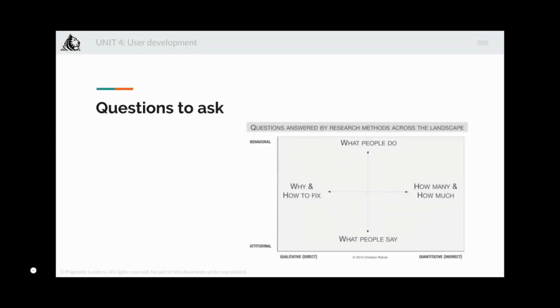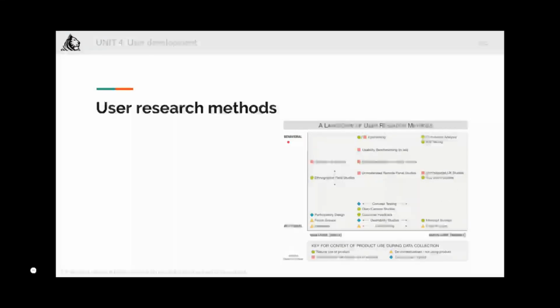So broadly put, when you're doing research across a landscape, depending on which quadrant you lie in, you will have to ask different kinds of questions, right? So what people do lies here, which is the behavioral side, as you can see.